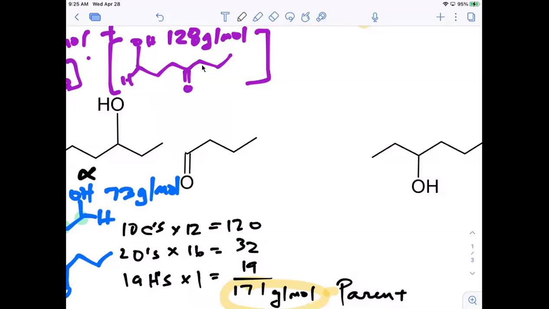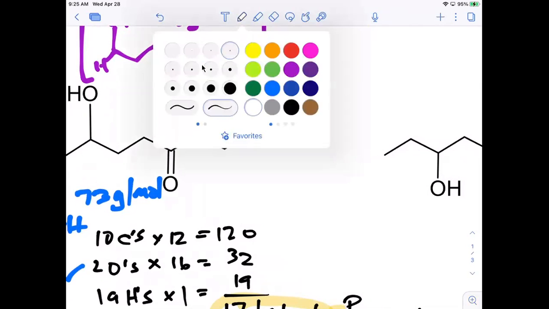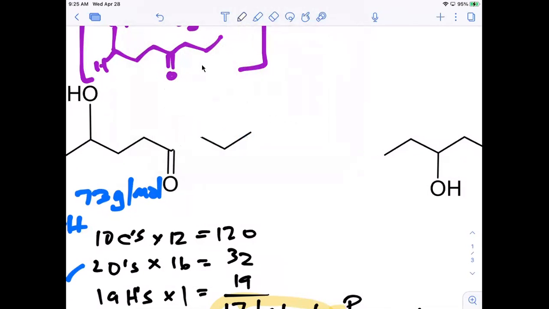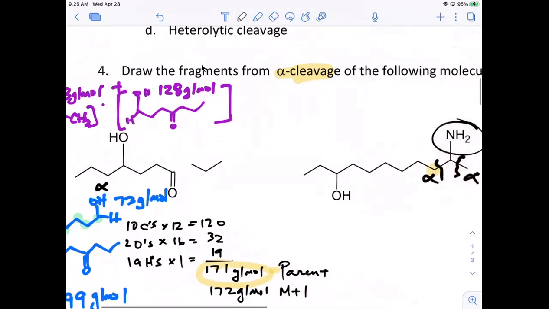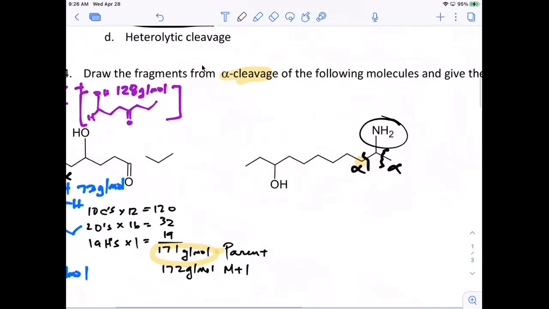And then you'll cleave on the other side, which will be right here. So those will be your two fragments right there. Are y'all following that? Yes. All right.